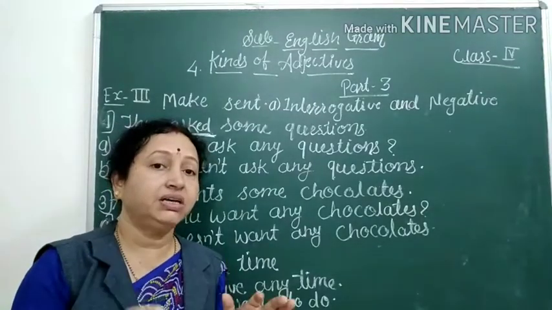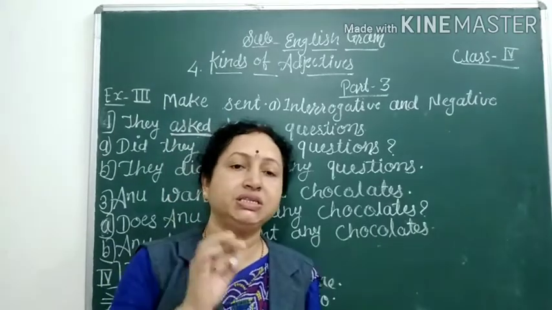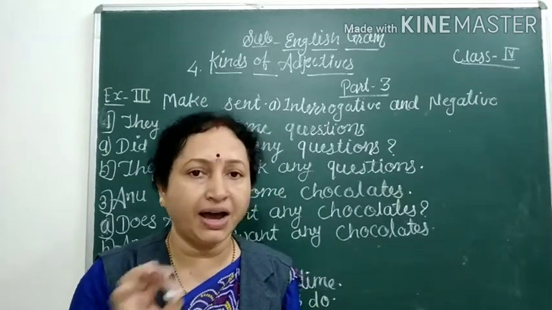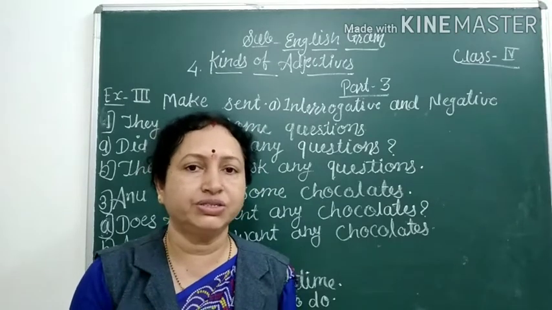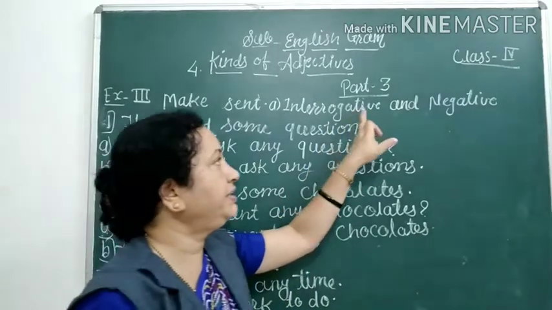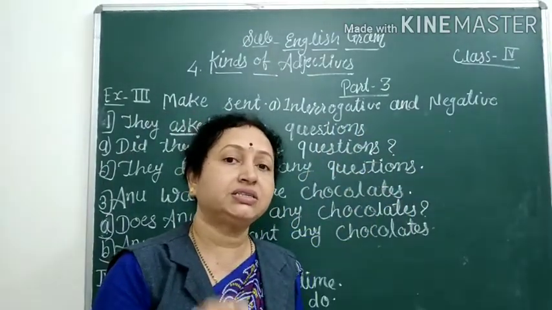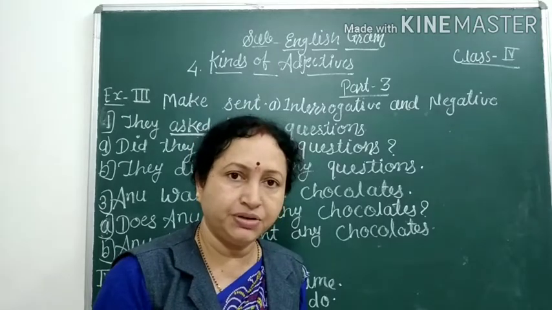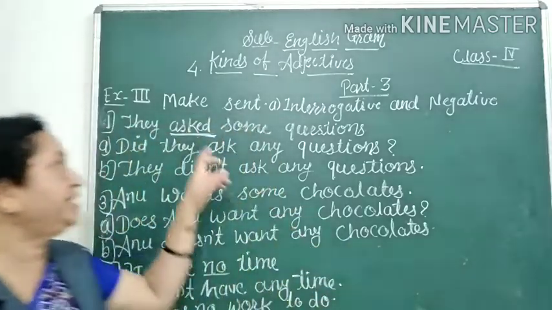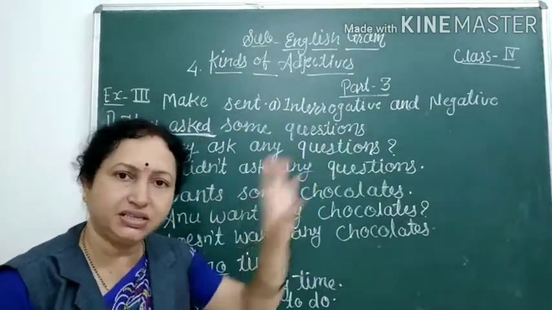If there is no auxiliary verb, meaning is, am, are, was, were, has, have, had. These are auxiliary verbs. If we have to make an interrogative and negative sentence but there isn't any auxiliary verb, then in that sentence we have to find out which tense the sentence is in.